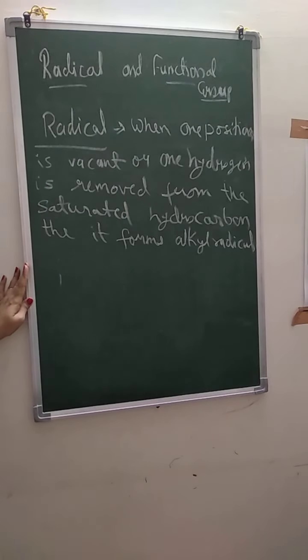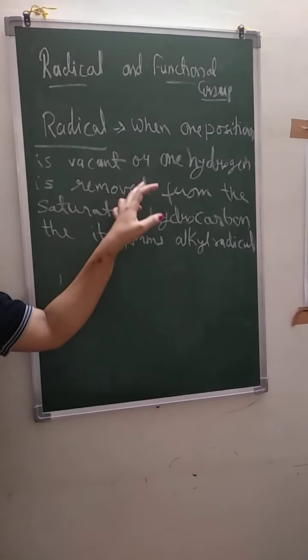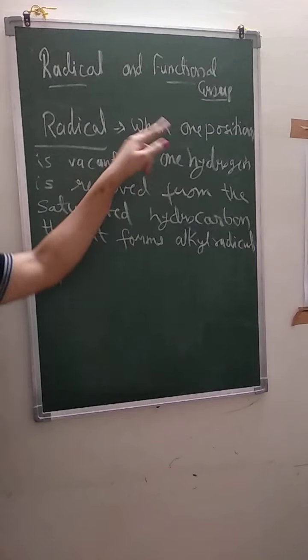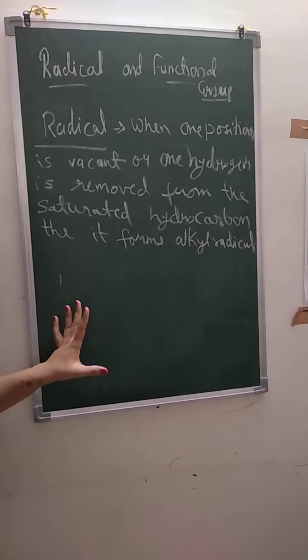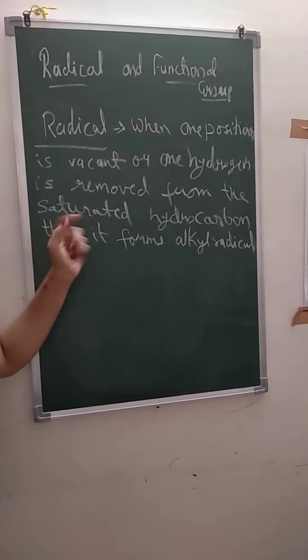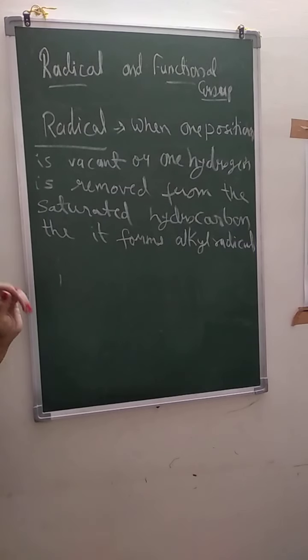Clear? What is this radical? When one position is vacant in the saturated hydrocarbon or one hydrogen is removed from the saturated hydrocarbon, then it is called as alkyl radical.